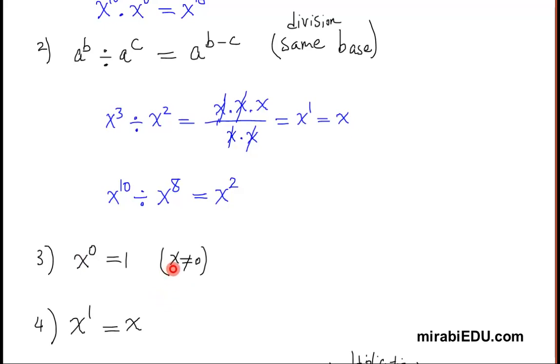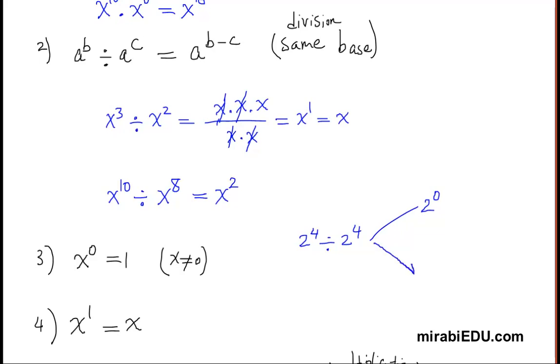A very simple proof or example is looking at 2 to the 4th power divided by 2 to the 4th power. Once we take the same base and subtract the powers, the result will be 2 to the 0.